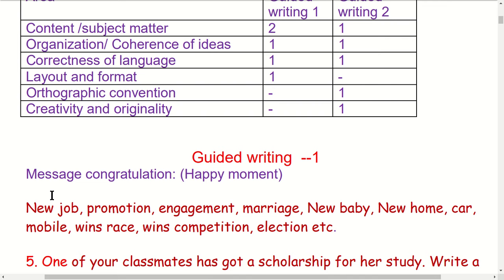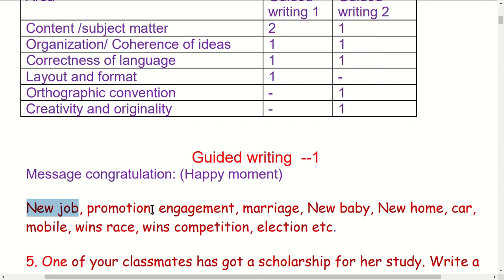I will tell you how to write a message of congratulations, especially for expressing a happy moment. Happy means somebody is happy. For example, somebody who gets a new job, that is a happy moment.